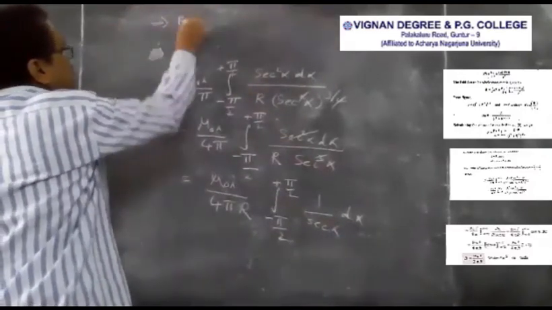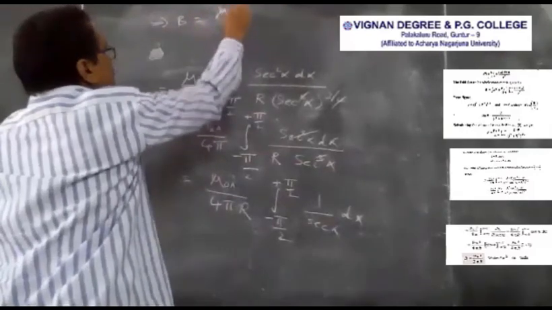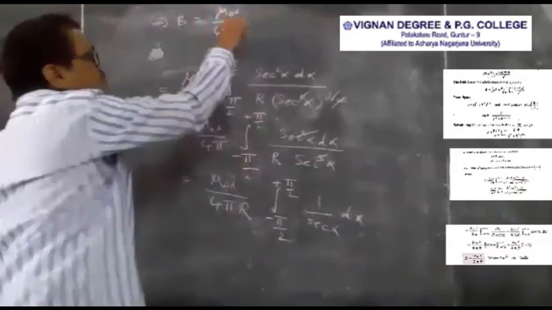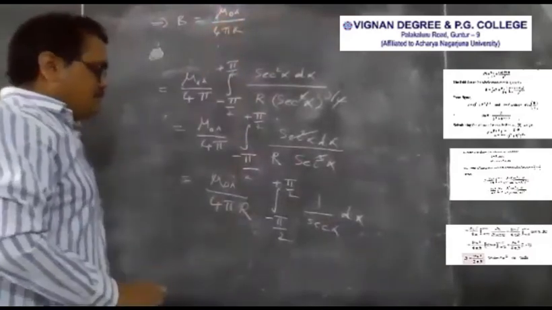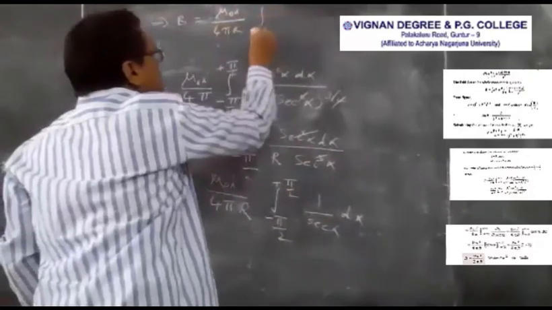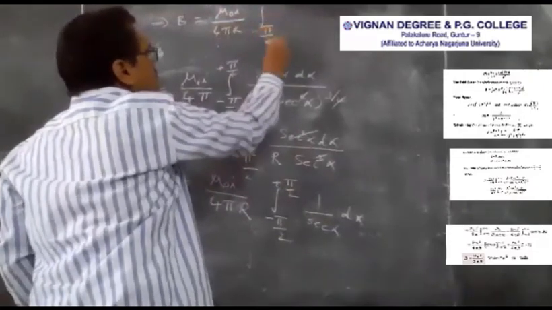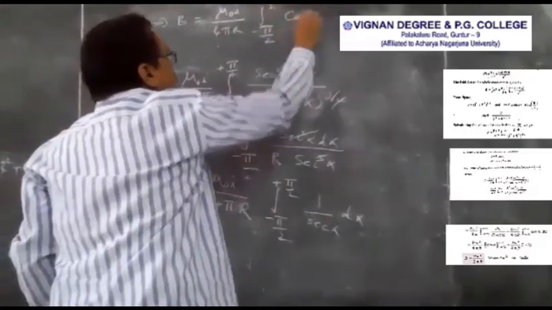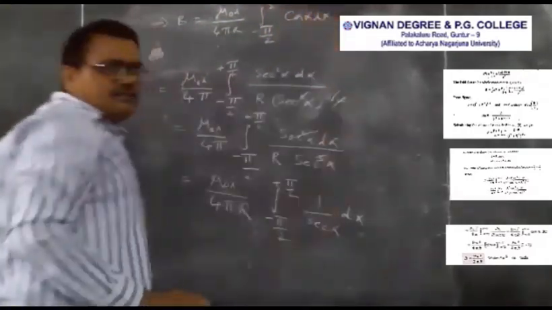That implies B is equal to mu naught I by 4 pi R integral from minus pi by 2 to plus pi by 2 cos alpha d alpha.